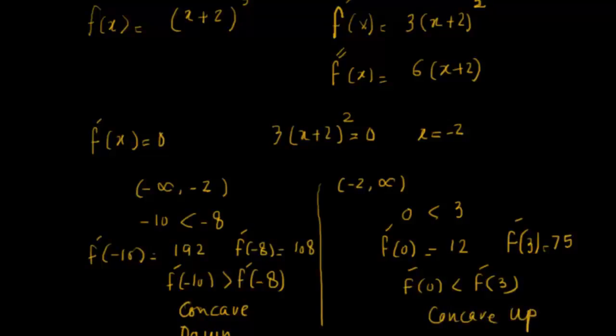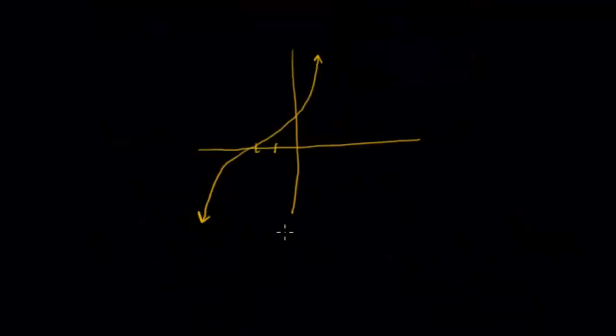So we have a function that's concave down in one region, -infinity to -2, and then it is concave up from -2 to infinity. Let's look at the function given to us, f(x) = (x + 2)^3. Here I show you the graph of this cubic function in the xy plane.